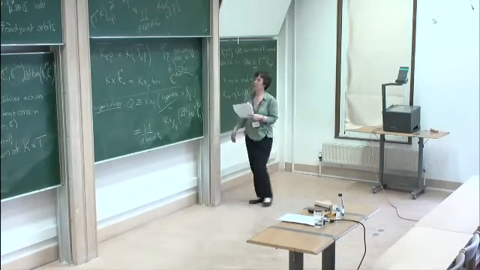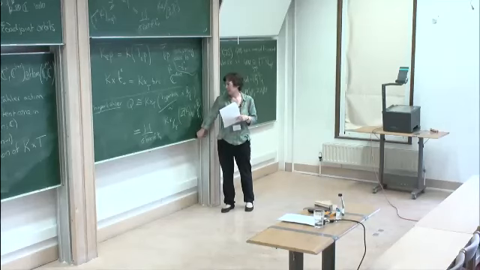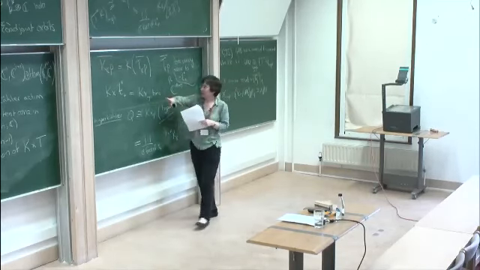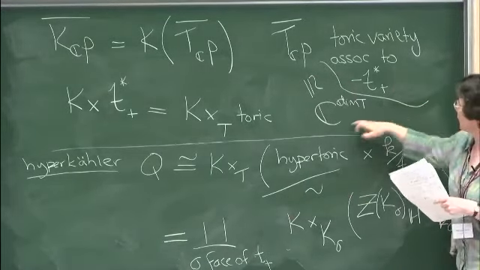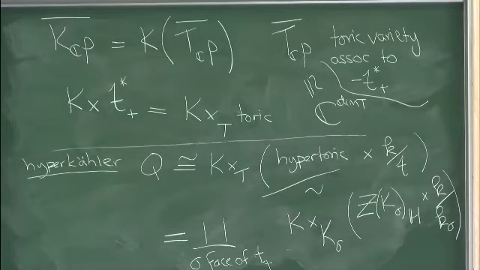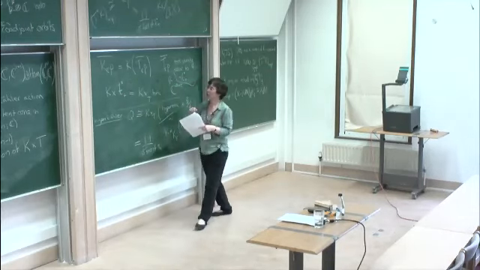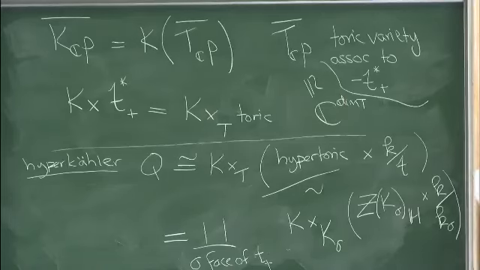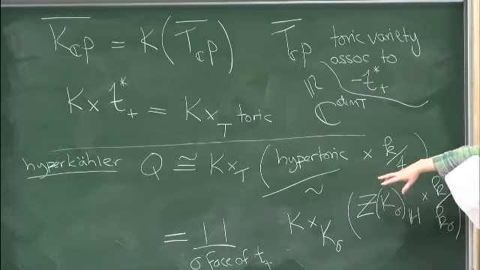This works for any K, and just as in the symplectic case, the moment map associated to this toric variety is not surjective, so we only get the positive Weyl chamber here, but it has a section, and that's why we can identify this with this. So in the Hyperkahler case, the corresponding Hyperkahler moment map is surjective, but it doesn't have a section.